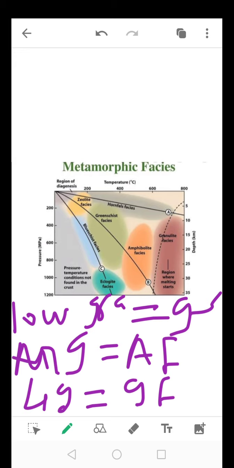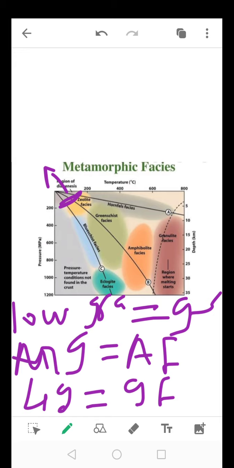But to talk more about what's happening in this diagram, we've discussed the conditions of the lower limit, and we said, okay, within the range 100 to 150, should the temperature or the conditions be less than 100, we would be talking about the region of diagenesis.